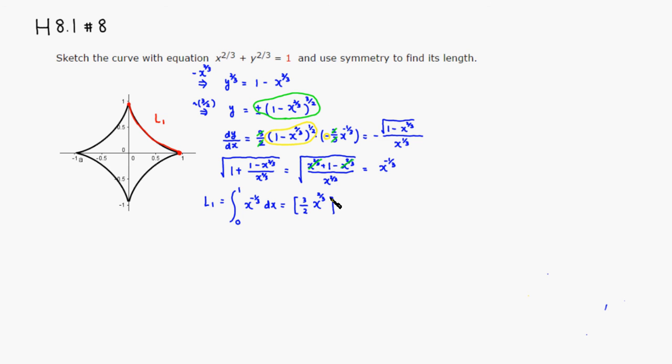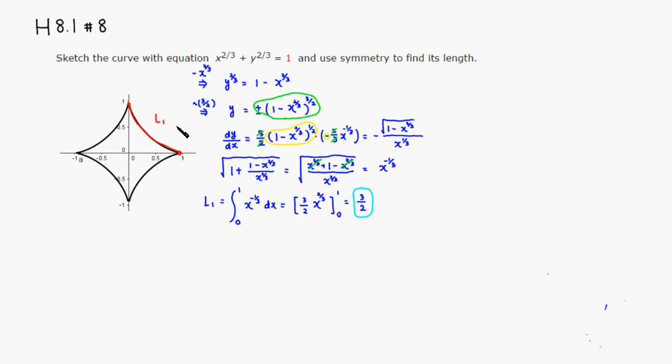Then you're going from 0 to 1. Plug in 1, you get 3/2, minus plug in 0, it's 0 anyway. So you get 3/2.